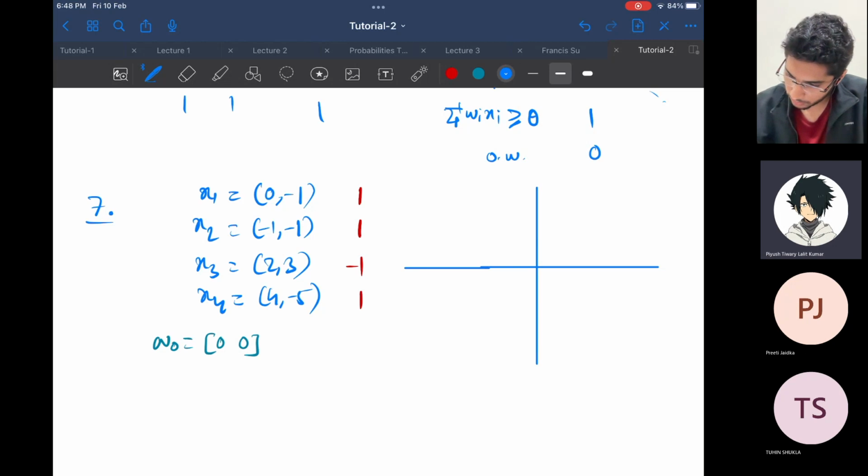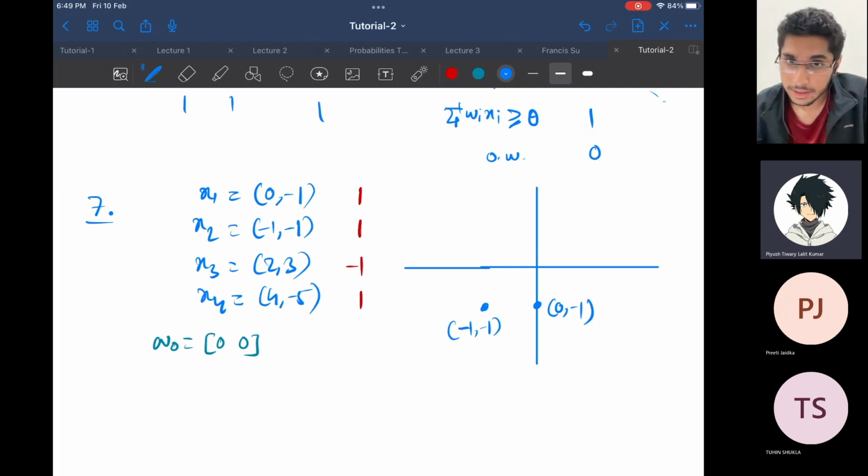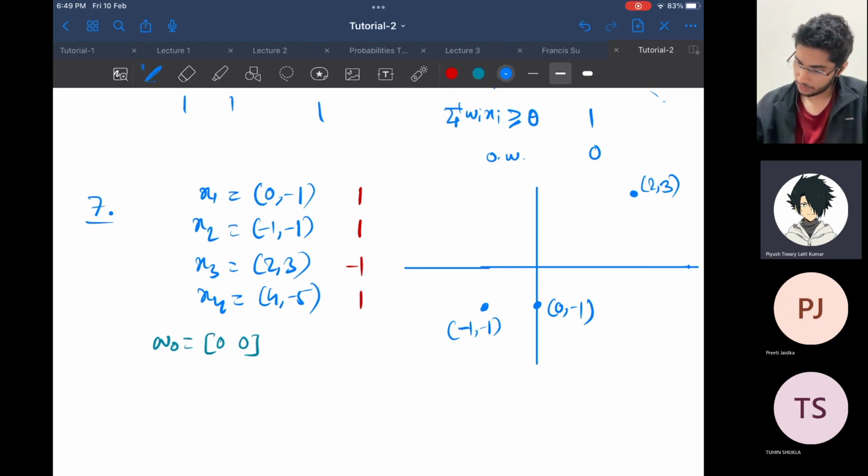So there is one point at 0 comma minus 1, so there is one point here. There's one point at minus 1 comma minus 1. Okay, this is that point. There is x3 which is at 2 comma 3, so somewhere here. And there is a fourth point which is 4 comma minus 5, so that will be somewhere even more here, something like this.